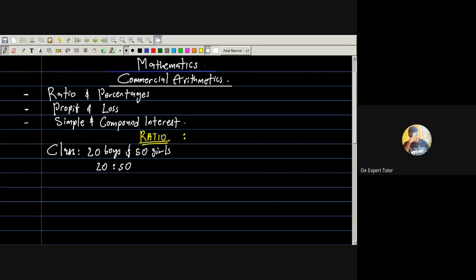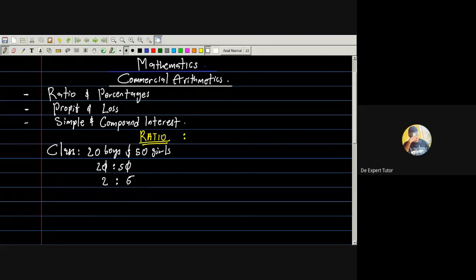The 0s are common, so I'll cancel them out. Therefore, I have 2 ratio 5. In this class, the ratio of boys to girls is 2 ratio 5. The interpretation is that for every 2 boys, I'll have 5 girls. That's how we compare between two quantities.